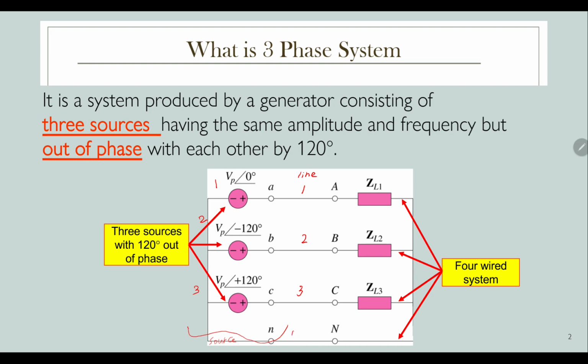There is a source, line, and you have load. So they are out of phase by 120 degrees. You have three lines, and actually because they are three phase, there is a neutral.